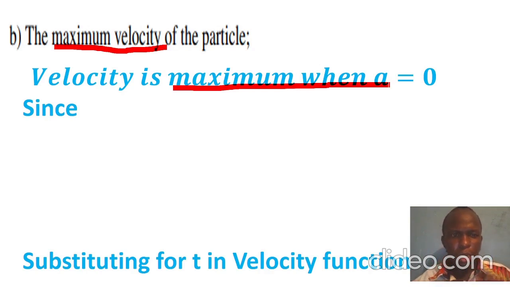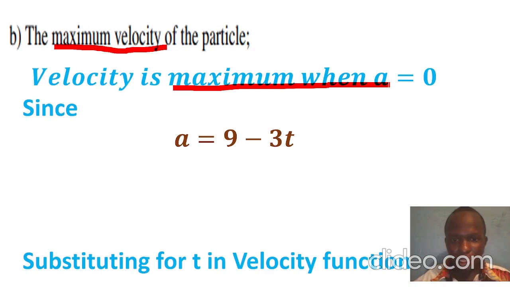But we cannot just get velocity straight away. We have to get the time when velocity was maximum, and then we substitute the time in the velocity function. So we are going to start from acceleration. Acceleration is equal to 9 minus 3t.